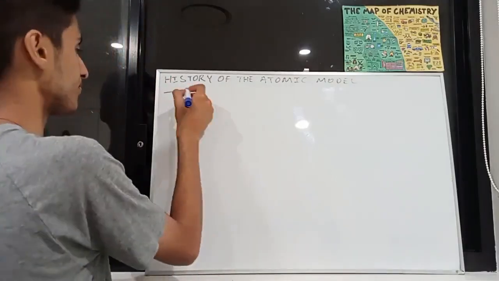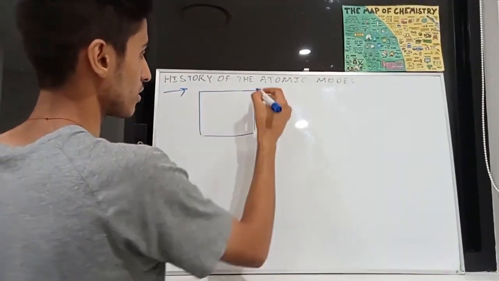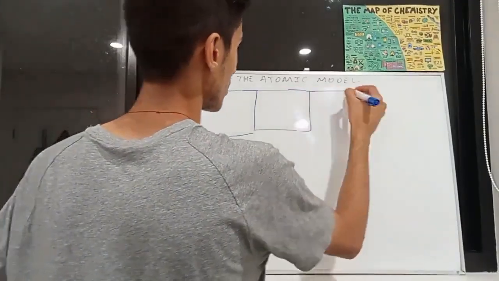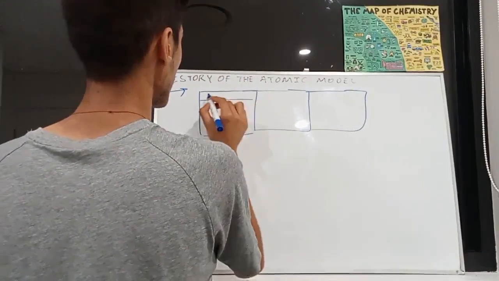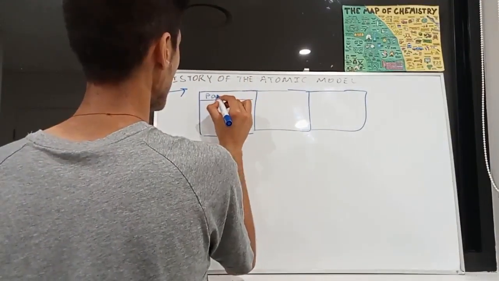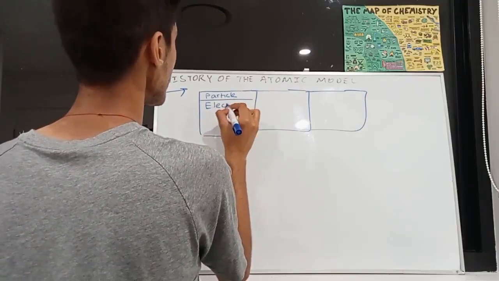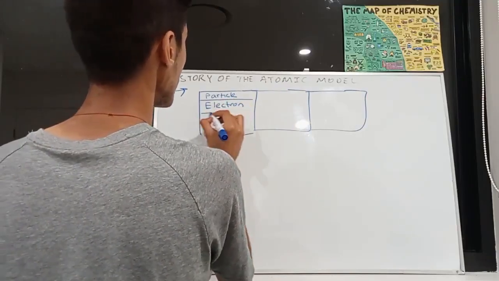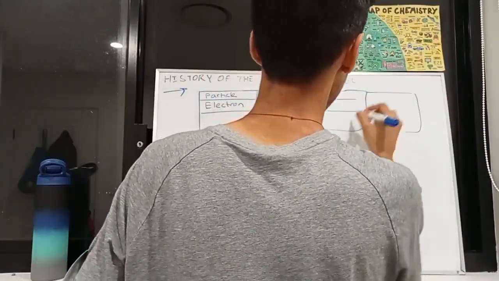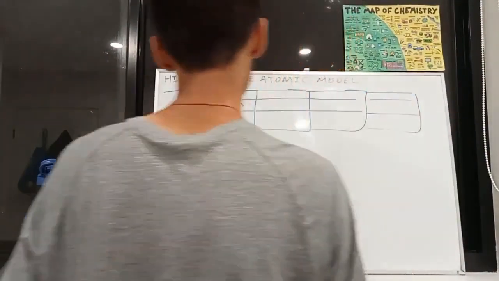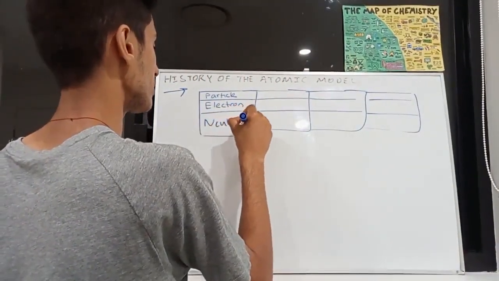But before that, let's look at subatomic particles. So we know that there's three subatomic particles.